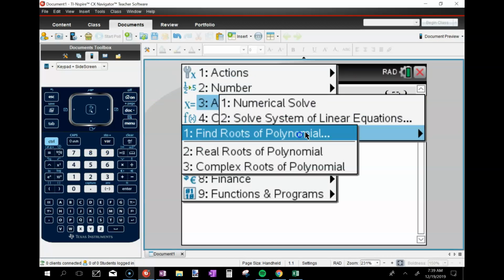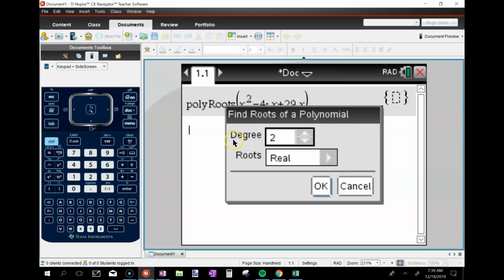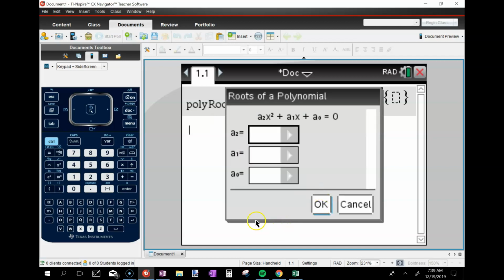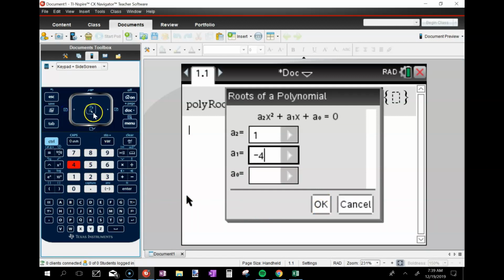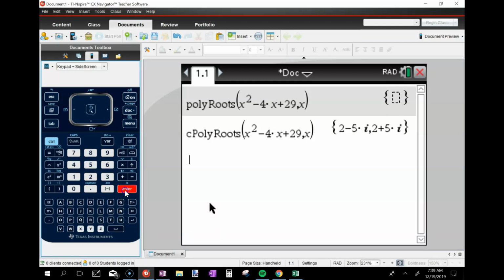So if we go to the exact same spots, the degree is 2, right? We have the option of changing roots from real to complex. Exact same setup. And now it gives me the imaginary solutions.